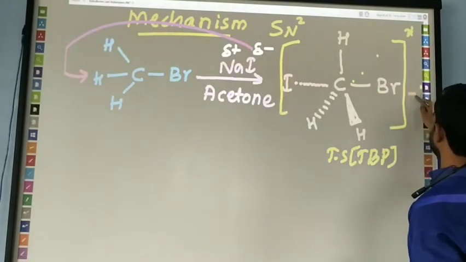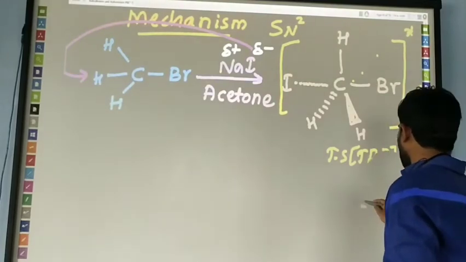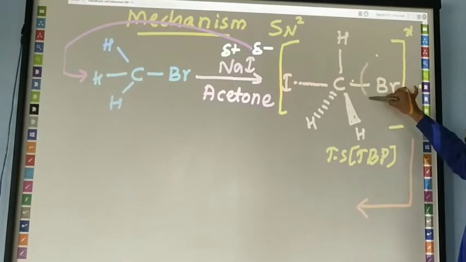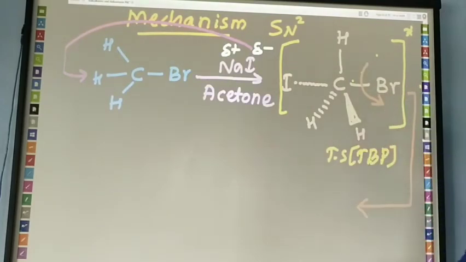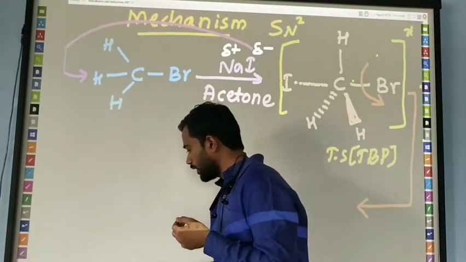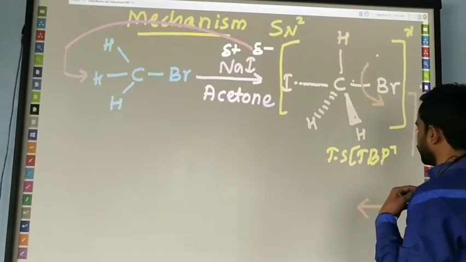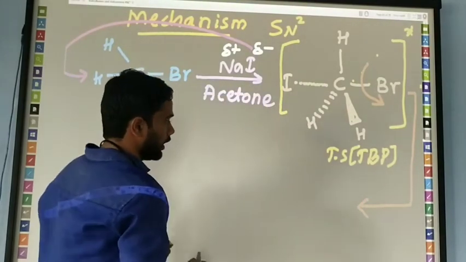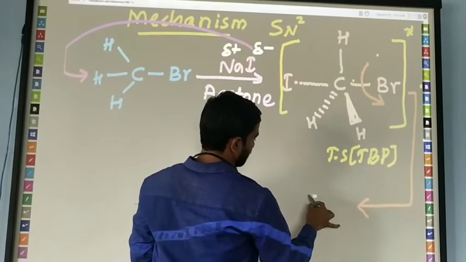After the unstable form, we will see how the breaking of the bond occurs. This bromide is going to be eliminated with the help of the sodium element, and the sodium element is going to form a product with it. Sodium bromide is going to be generated here. Let's write the product.